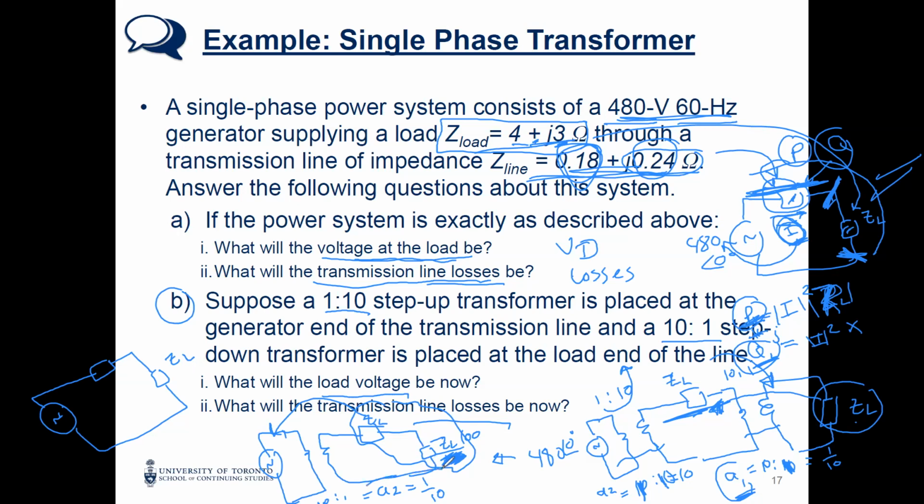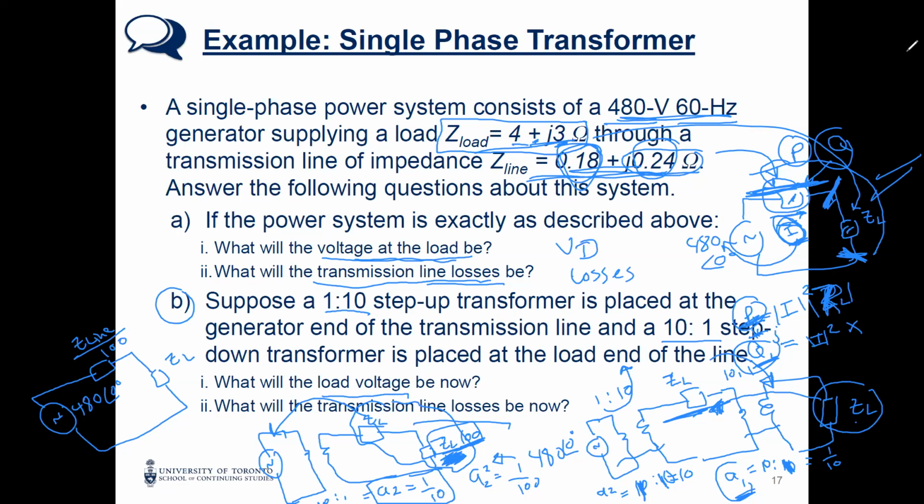You multiply by a2 squared, which is 1 over 100. It was 100 ZL. Now it will return back to ZL. What will happen to the line, Z line? Z line will be over 100. And this will be your source, 480 and angle 0.